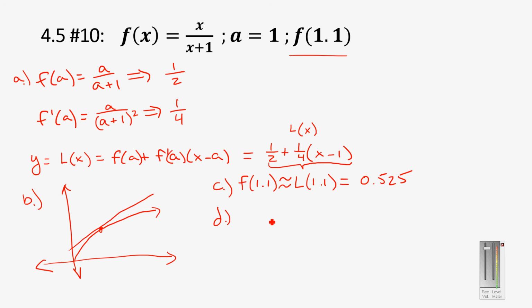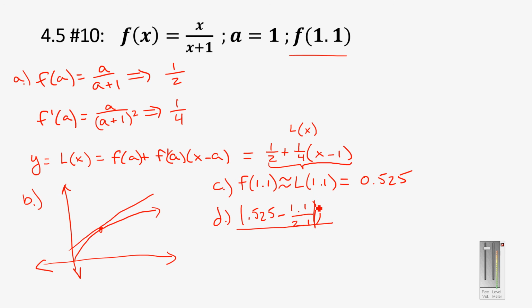So what they do is they give you kind of a nice little formula to do that, where they say, well, take your approximation minus your exact, so 0.525 minus your exact, and your exact would be, well, it would be if you actually plugged the 1.1 into the original equation. If I do that real quick here, well, I guess it's 1.1 over 1.1 plus 1, that's 1.1 over 2.1, okay?